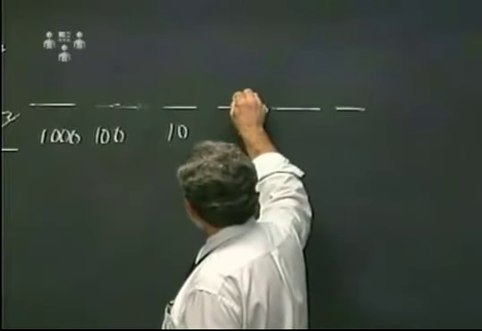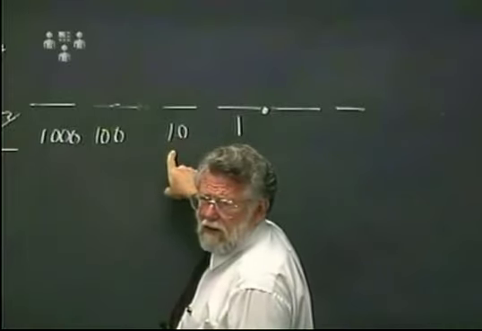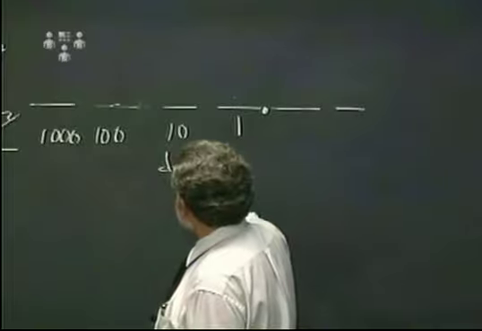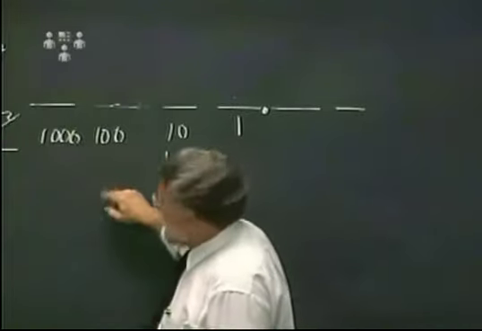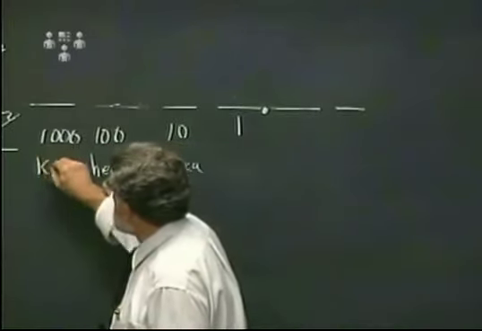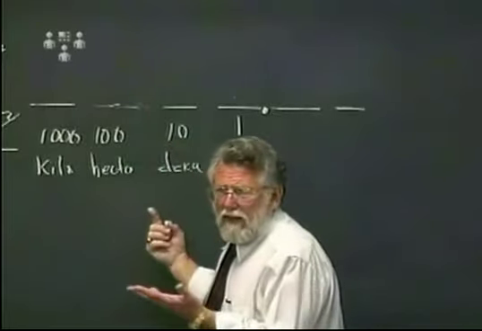Because if this becomes your 1 meter, then this becomes what? A deca. So this becomes a decameter, and then this becomes the hecto, and then this becomes the kilo. Okay? Multiplying by tens.